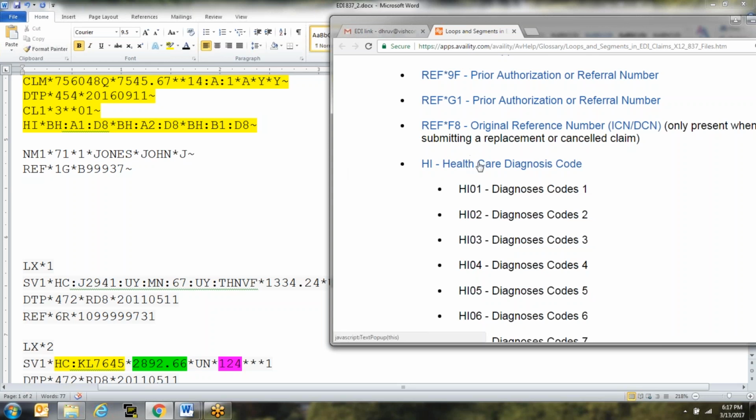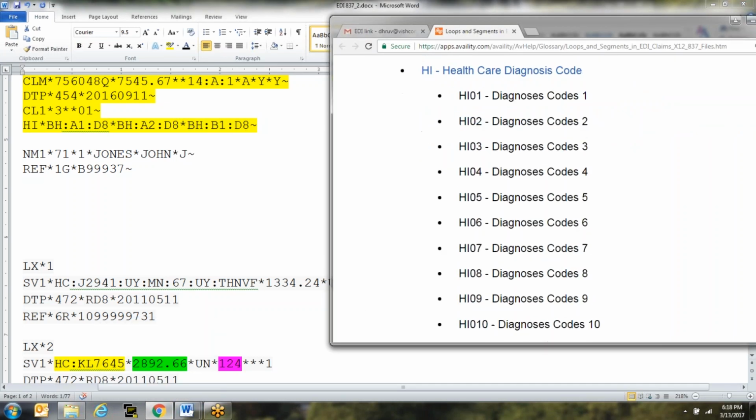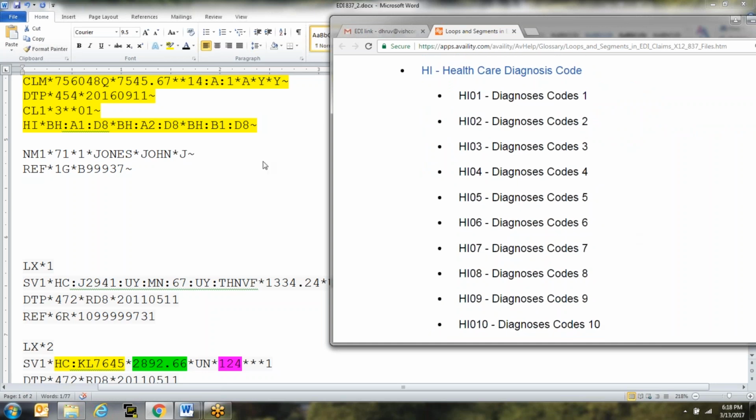If you look at this, healthcare diagnosis code, HI. Within HI, this is HI01, HI02, HI03, up to 12. This one particular claim allows sending up to 12 diagnosis codes for this particular patient per claim.